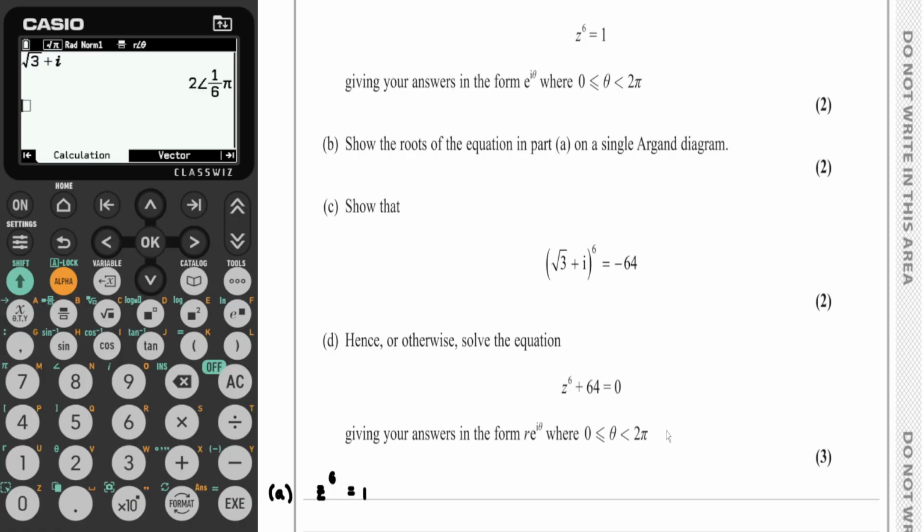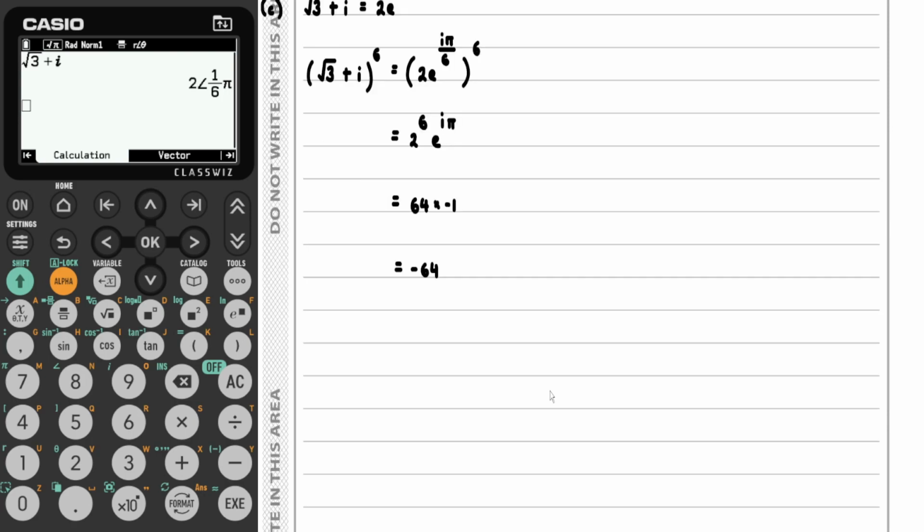Part D. Hence or otherwise solve the equation z to the 6 plus 64 equals 0, giving your answers in the form r e to the i theta, where theta is between 0 and 2 pi. So for part D we have z to the 6 plus 64 equals 0, meaning z to the 6 is equal to negative 64.